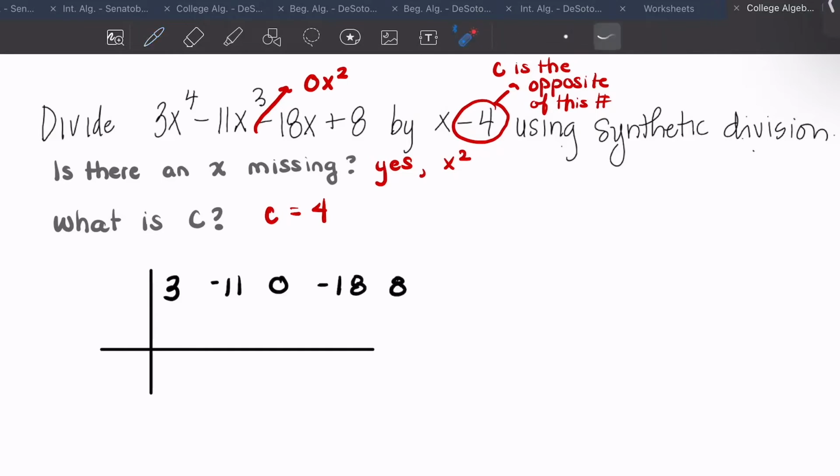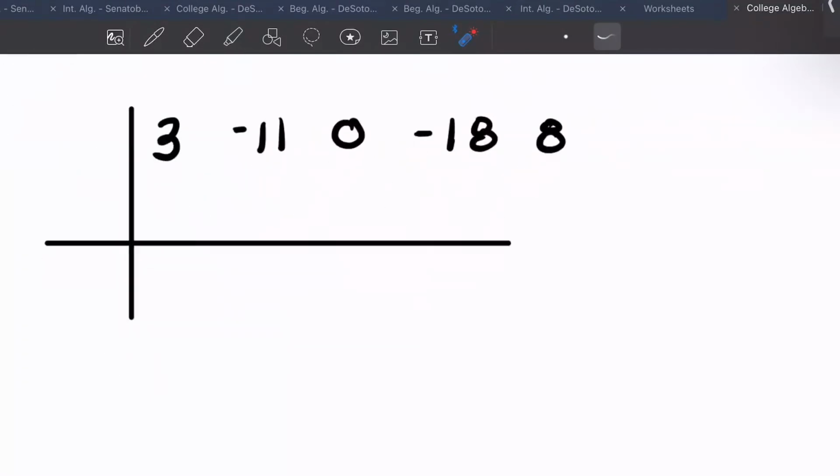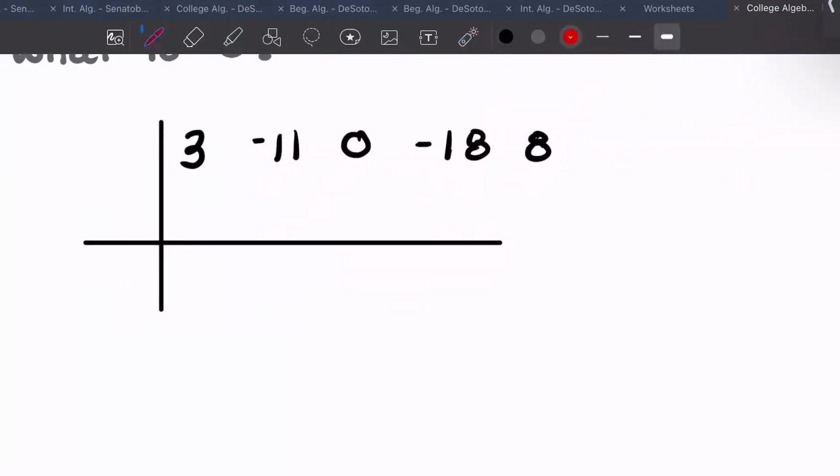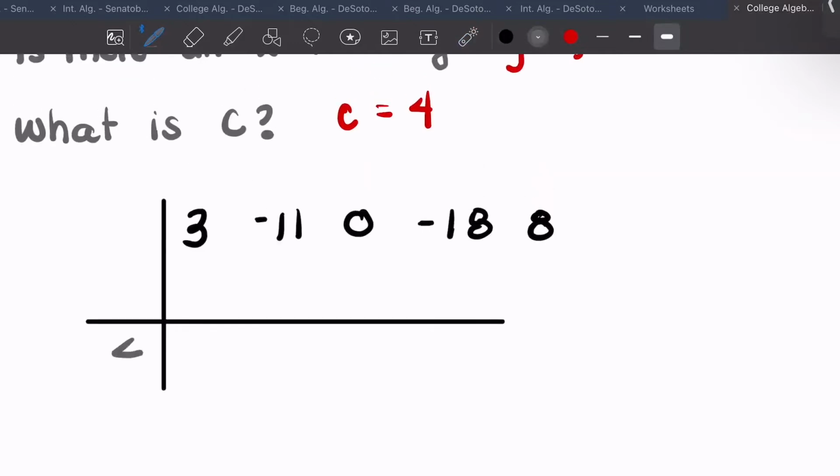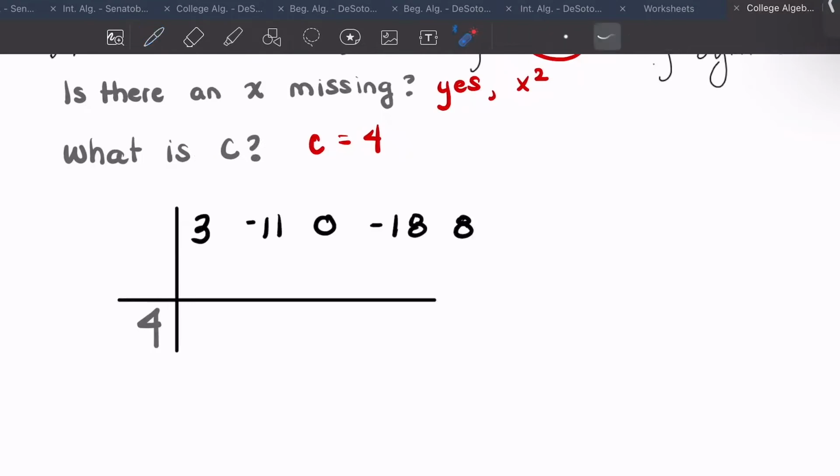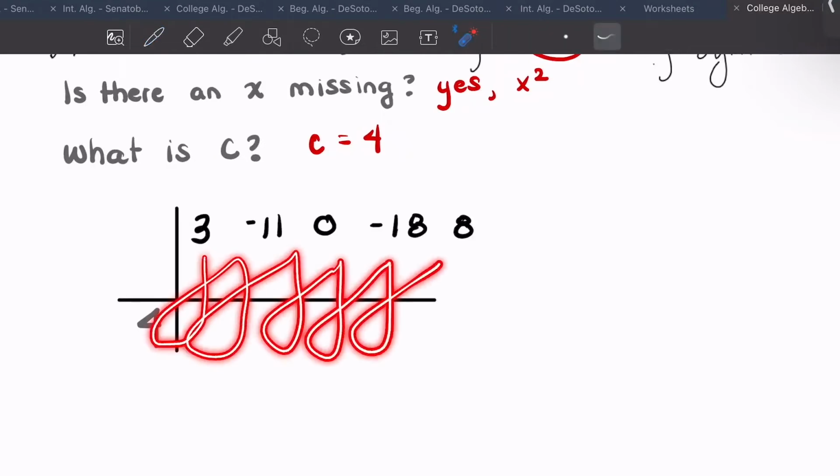Okay, here's where we're getting that from. 3, negative 11, 0, negative 18, 8. All right. C goes in the bottom left corner. Okay, C is 4, so it goes over here. All right. Here, the procedure almost goes in like a circle. Okay, kind of makes this move right there.